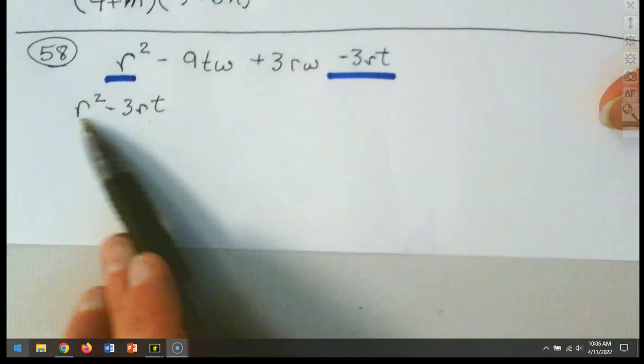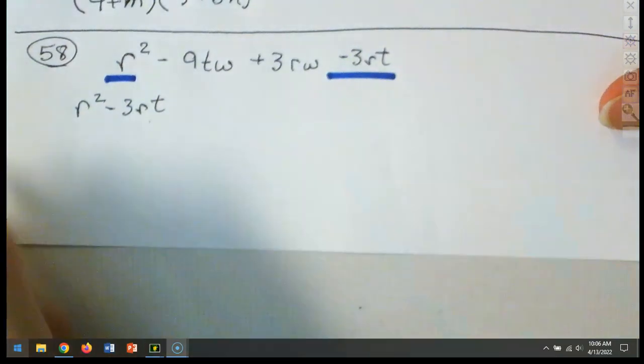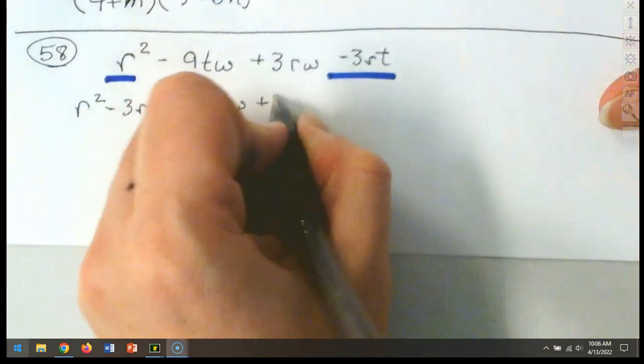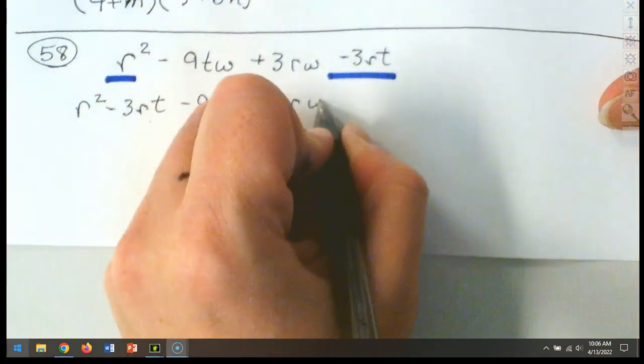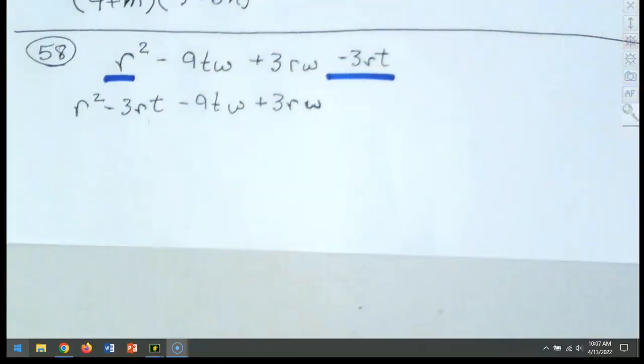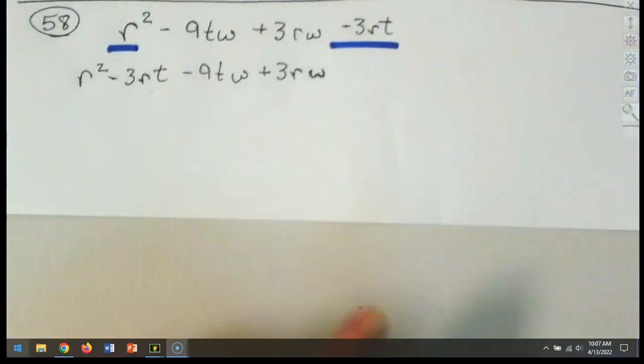Well, now I can factor out an r, right? So see how something comes out. Then we still have the minus tw and a plus 3rw. So that has something that can come out as well. This is also going to make us learn another important step here, when you have a negative that has to come out.